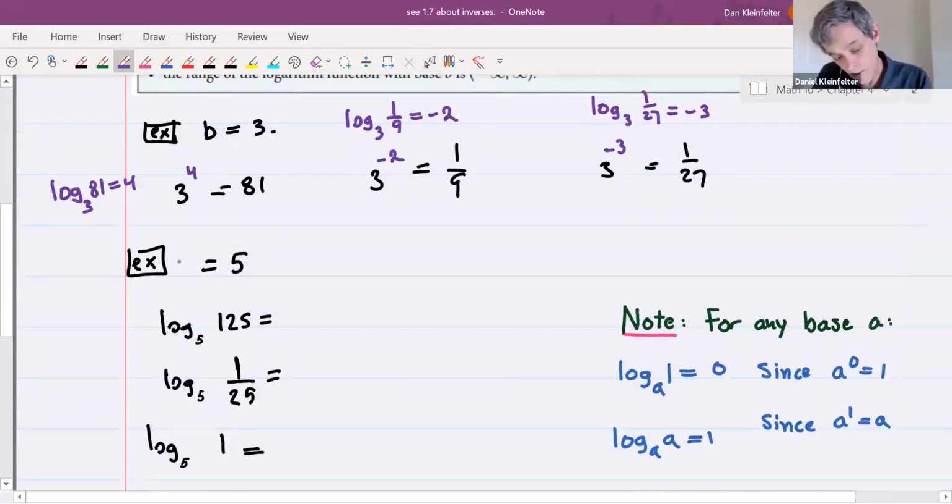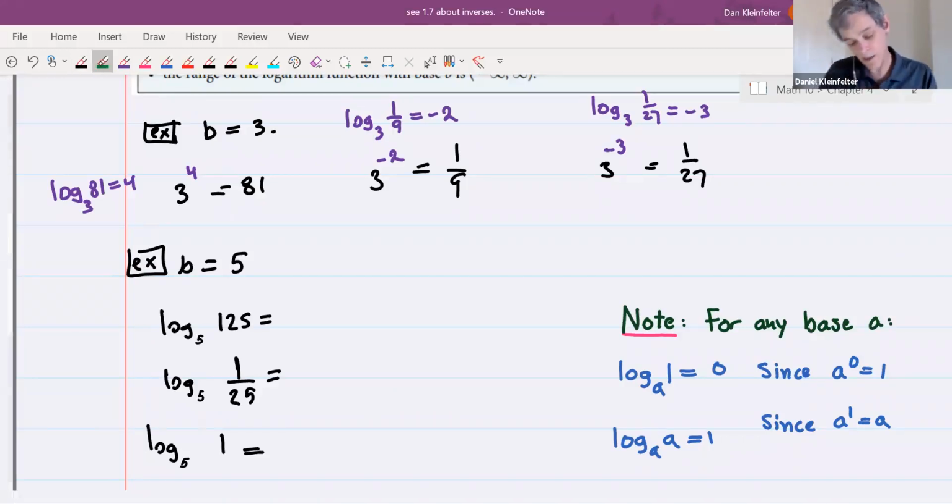So here we have a base b of 5. We want to think, log base 5 of 125. What power do you raise 5 to get 125? You cube it, right?